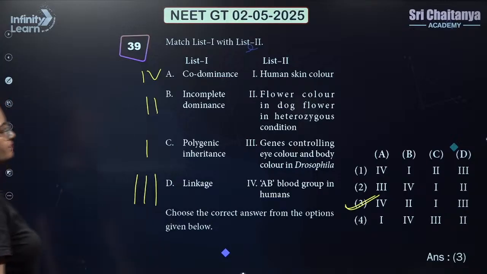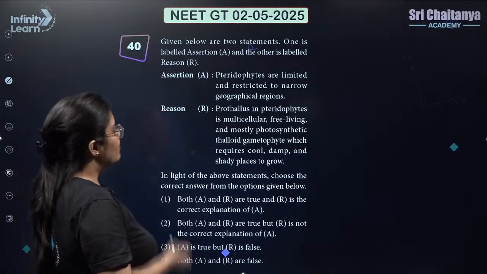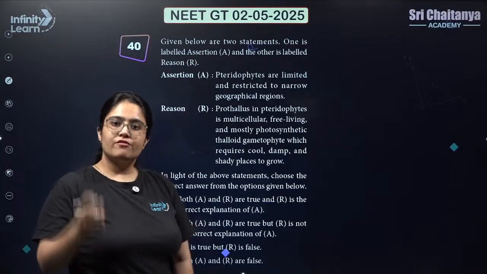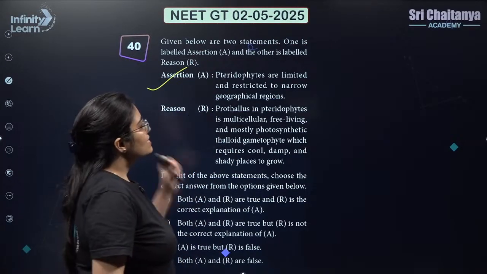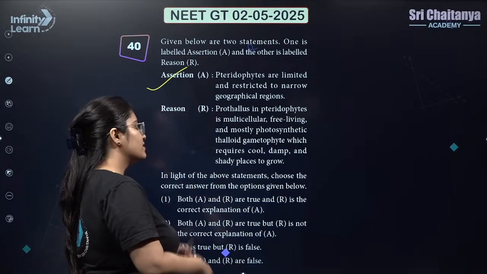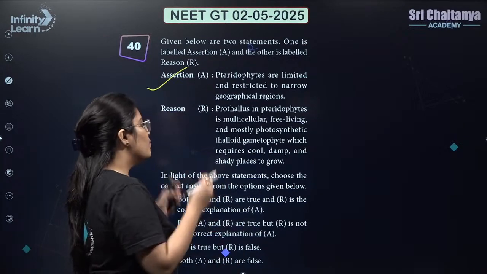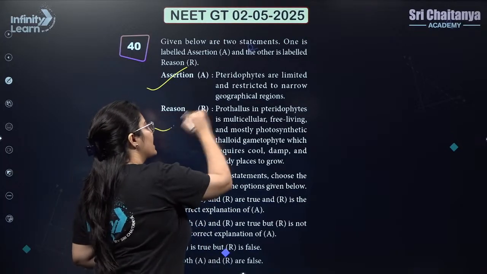Clear, everyone? Next. Pteridophytes are limited and restricted to a narrow geographical region. Yes, that is a line of NCERT. Prothallus in pteridophytes is a multicellular, free-living, mostly photosynthetic, thalloid gametophyte, which requires a cool, damp and shady place to grow. This is also a line of NCERT, absolutely correct.